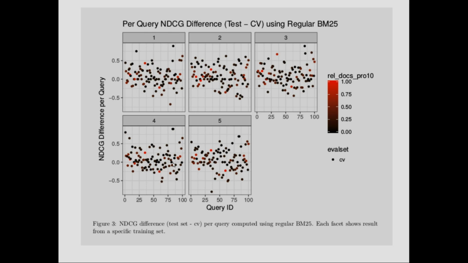As you can see, there are nowhere near as many red dots compared to the training set. And this is, in a sense, sort of understandable, because if you look at this, what is the most likely factor in determining how many relevant documents you have?